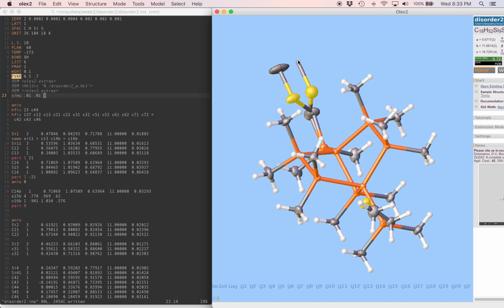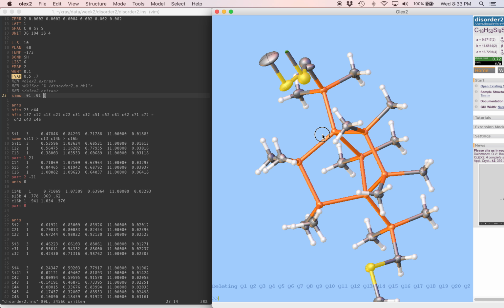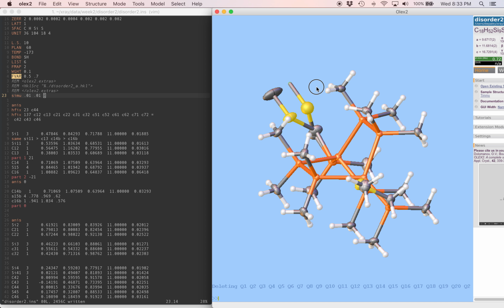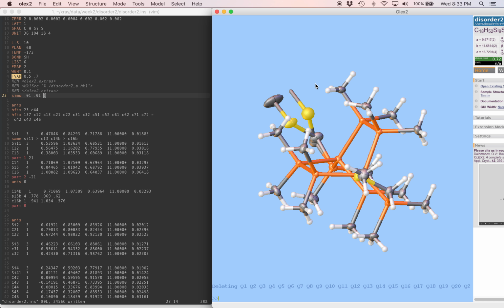This carbon atom, the displacement parameter is way too small. That's not a sign of too much electron density on that position, as much as it is just, now we're looking at 9% of a carbon atom, which is less than 1 electron. So there's not that much scattering to define the displacement parameters here.